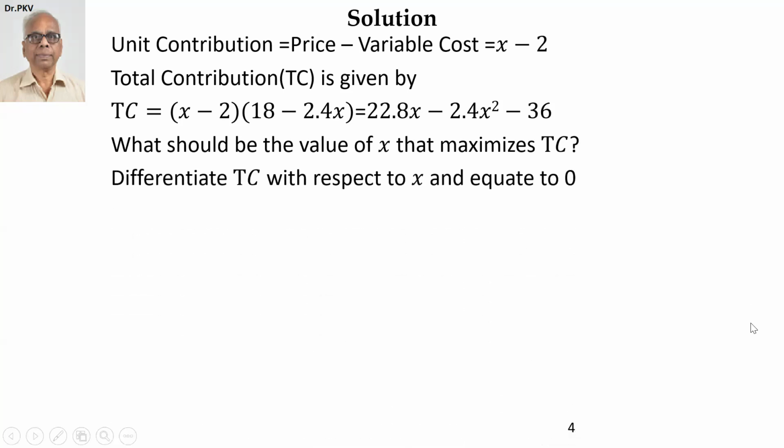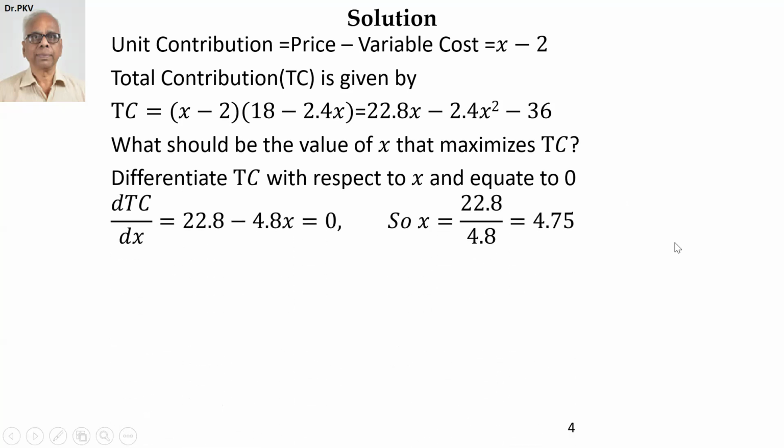The first derivative, that is differentiate TC with respect to x, the first derivative must be found out and equated to 0. If we do that, dTC by dx equal to 22.8 minus 4.8x. The derivative of x is 1, so it is 22.8.